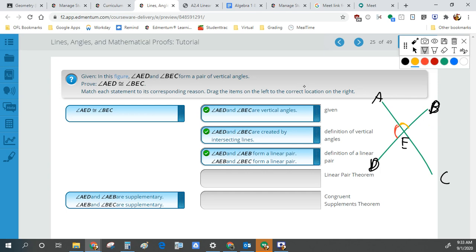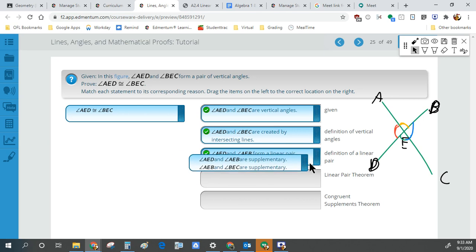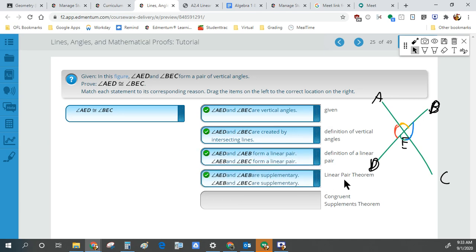It's also telling us about, let me change colors here. Ooh, I don't have good colors. This green angle and this blue angle. I should have made the lines black. Those are a linear pair. Why? Because they're a linear pair. Okay, then we're also saying that these two angles up top are supplementary. Why? Because of the linear pair theorem. Why are they equal to 180?